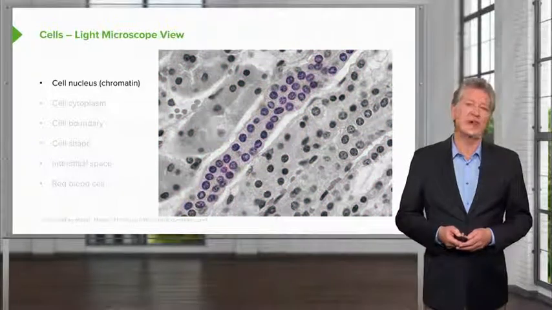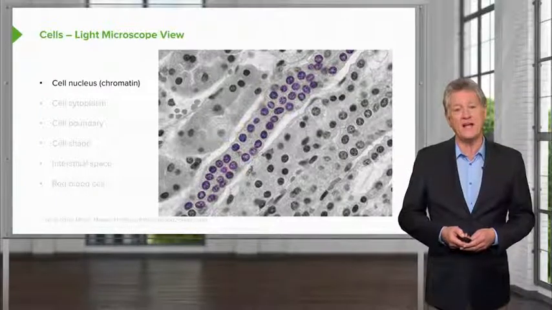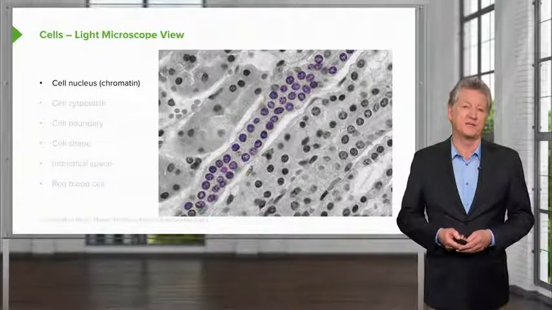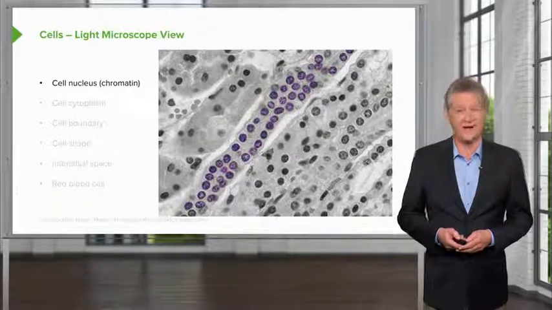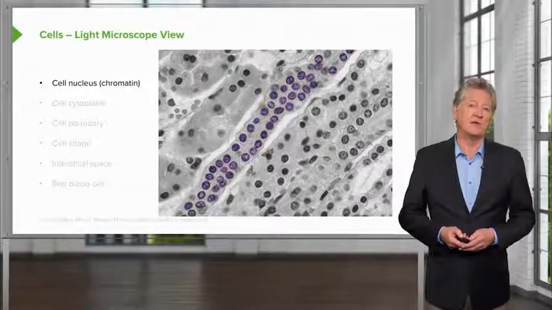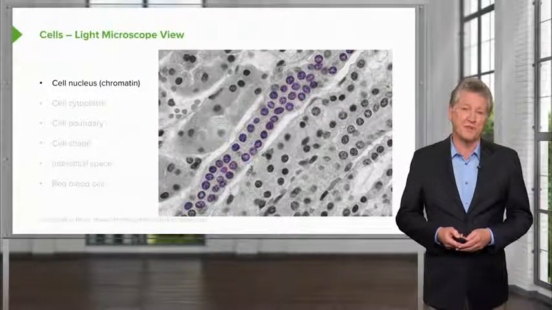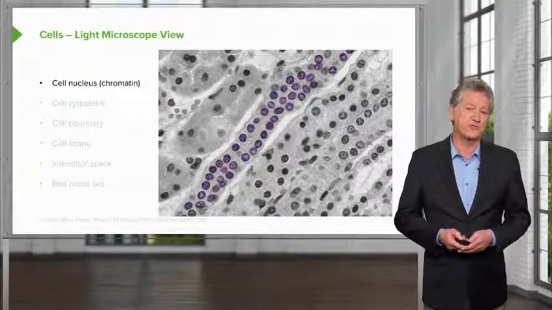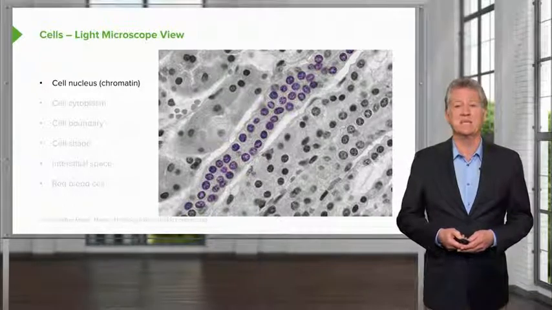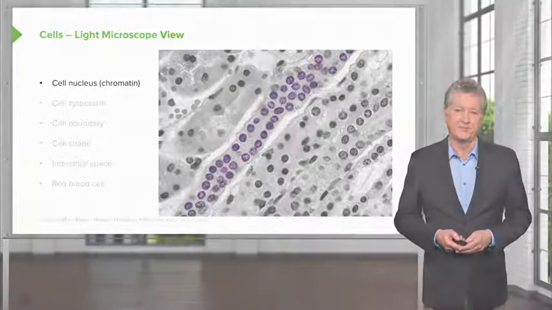The structure that has all these circular bluish stained structures, they're the nuclei of cells. And there's other cells you see in the periphery of the image that are also nuclei, but focus on the condensed numbers of nuclei in this central structure running down the image. It happens to be a section through the wall of a tubule in the kidney.